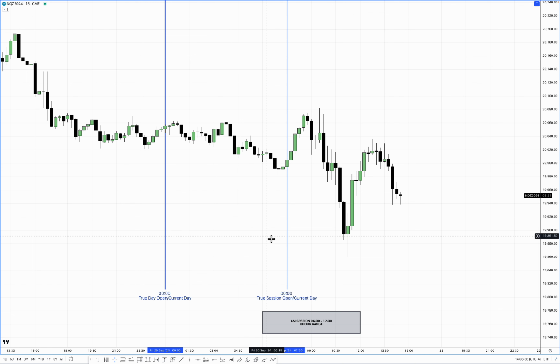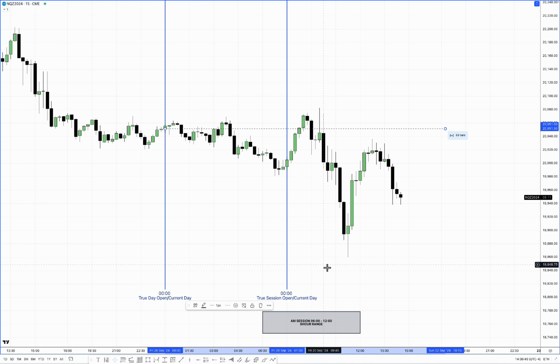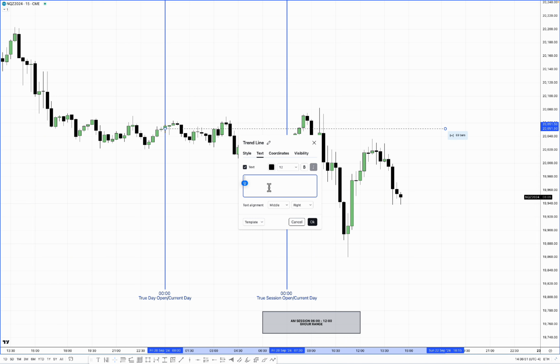Now, where does time come into this whole entire logic? These true opens are very fixed, meaning they are very static. They never change. When going into daylight savings and whatnot, it does not change.